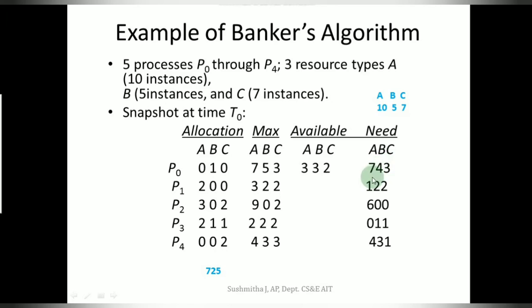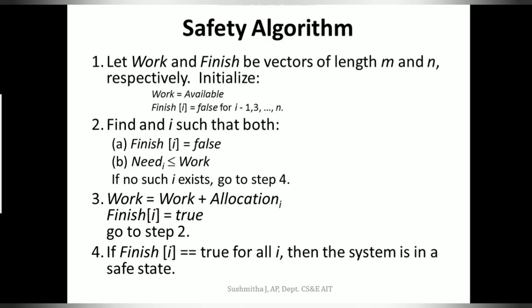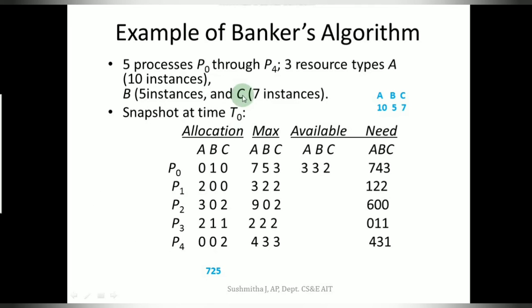So that will give me my need matrix. I can eventually do that for all the processes. So what will be given to you? It will be allocation, max and available, by which you can calculate your need. As I showed you here, you can calculate your available as well.